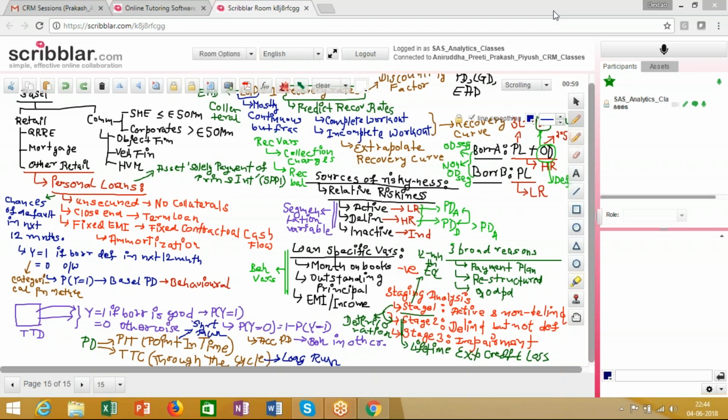The framework that Basel follows to describe PD is based on the structural credit risk model framework.